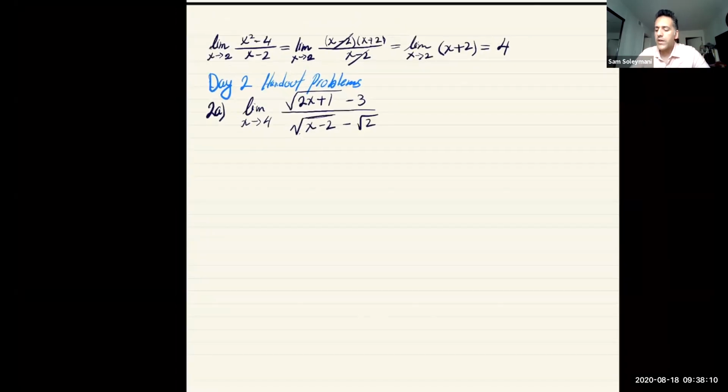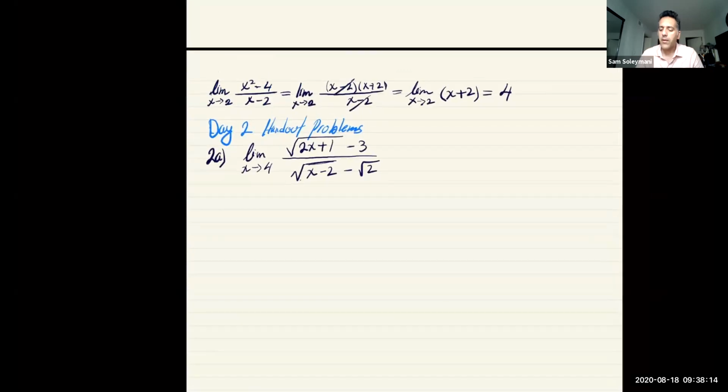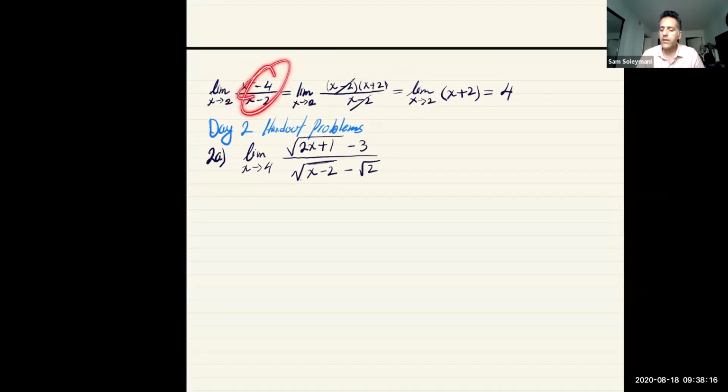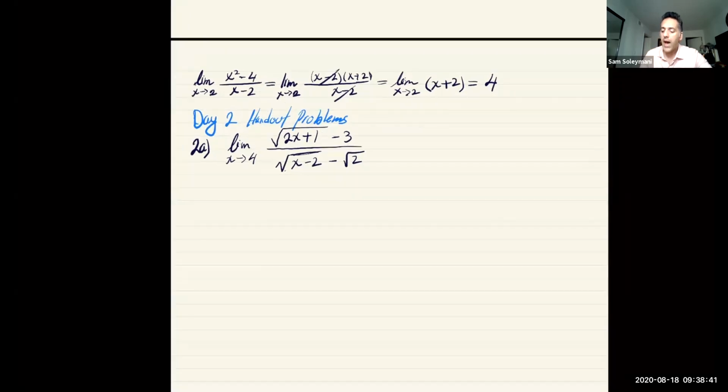Okay? So what do you guys propose? Look at the previous problem, right? What happened? We did some algebra so that the factor that contributes to 0 over 0 cancels out, right? You want to do the same thing here. You want to extract the factor contributing to 0 over 0 and cancel it out or get rid of it somehow.